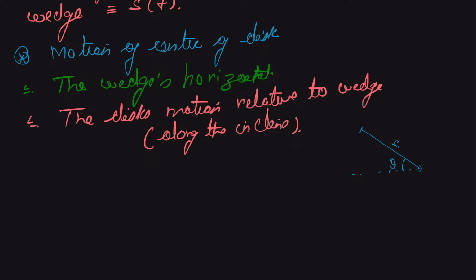Therefore, from here we can write that the horizontal motion will be s cos of theta, and there will be a downward vertical motion also, and that distance we can call s sine of theta.